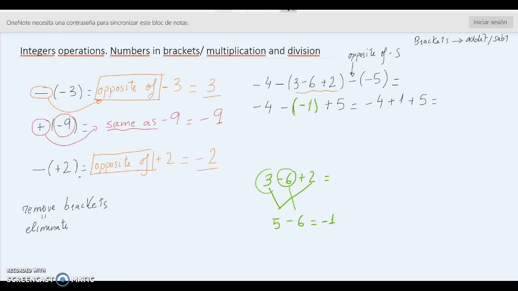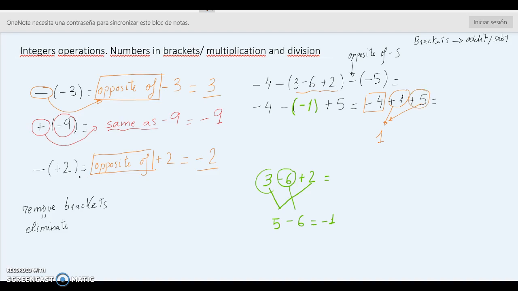Now I take the positive numbers I have and the additions. I have here an addition, 1. Now I take the subtractions and negative numbers, so I have here minus 4. Oh, sorry, I made a mistake. I forgot this number.